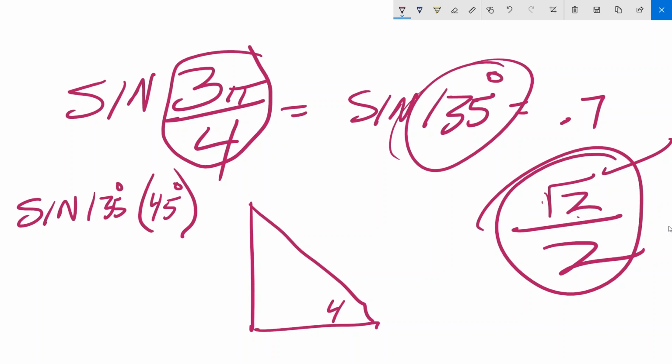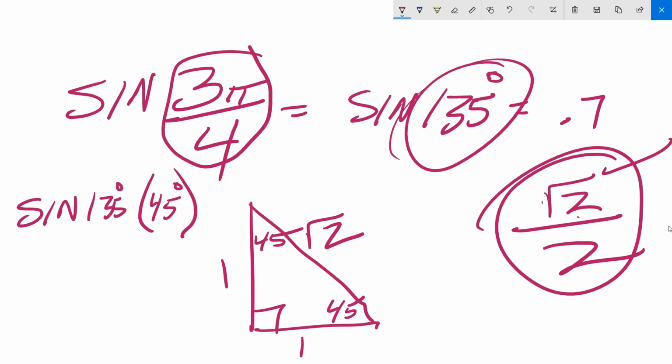And what is the sine of 45? That's 1 over root 2. Just do it from the triangle. Don't do it from your calculator.